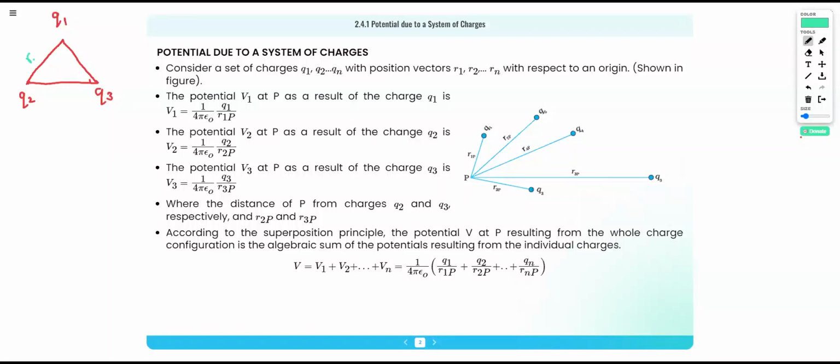It will be R21. You can write R12 also, no problem. What is the distance between Q1 and Q3? R13. Good. What is the distance between 2 and 3? R23. Now you have to find potential due to system of charge.